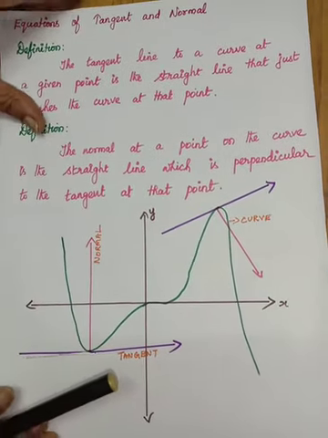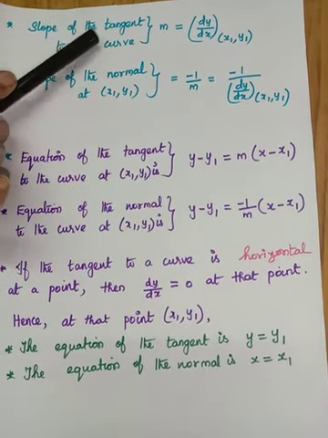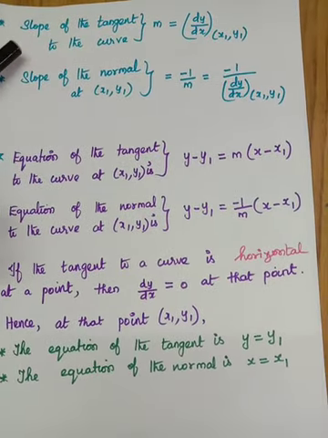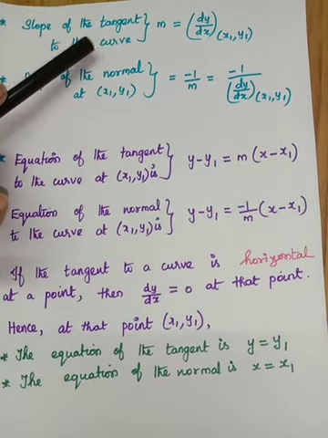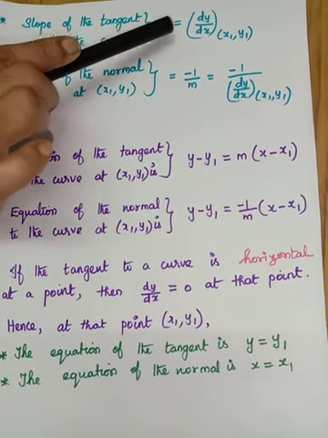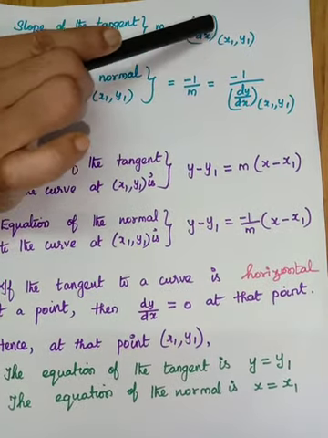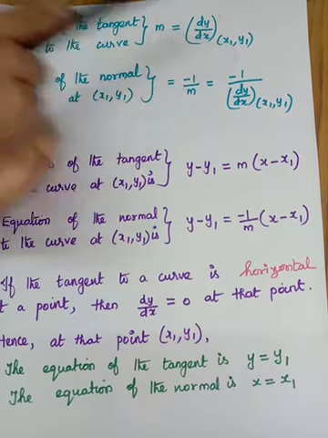Okay. So, now we are going to see the slope of the tangent at x1, y1 to the curve, which is denoted by the letter m. How to find the slope? It is nothing but dy by dx at x1, y1.